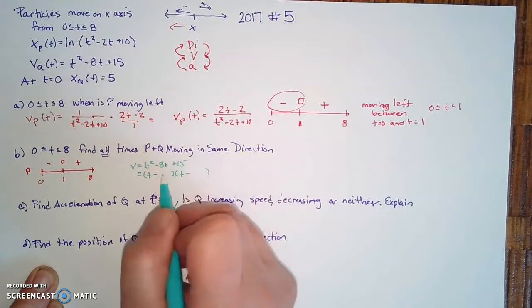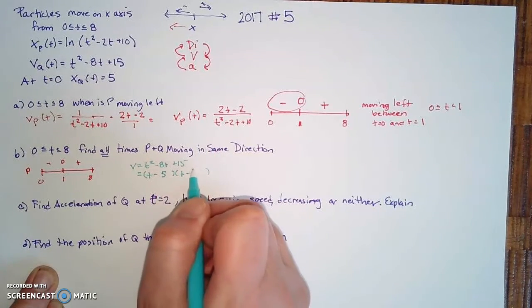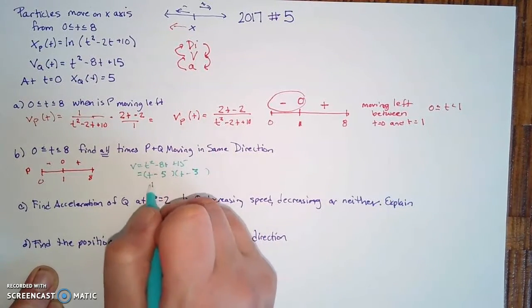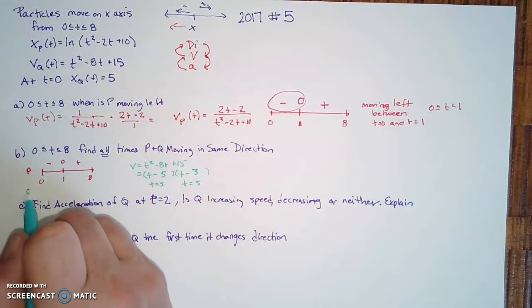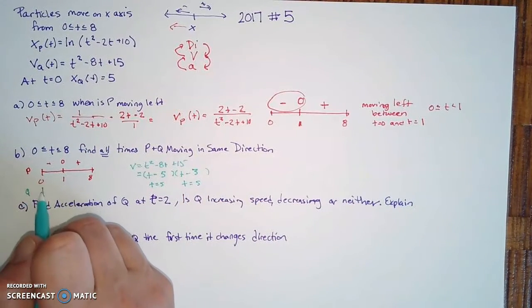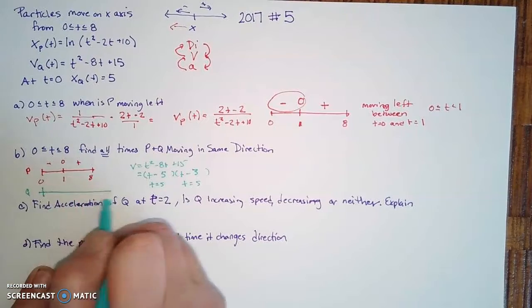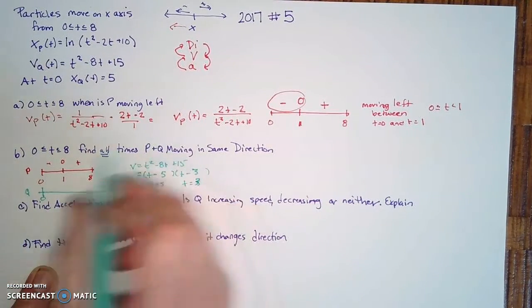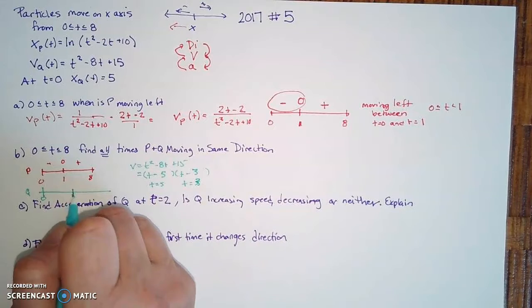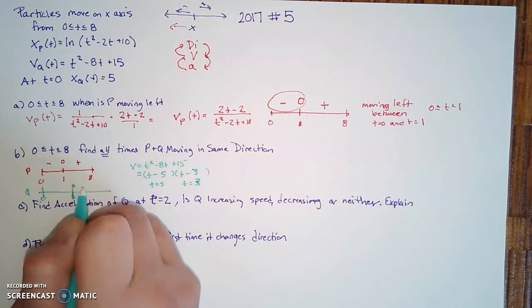Factors of 15 are 5 and 3. So these factors are t equals 5 and t equals 3. So I'm going to put this underneath here, Q. Let's go 0, 3, and 5.